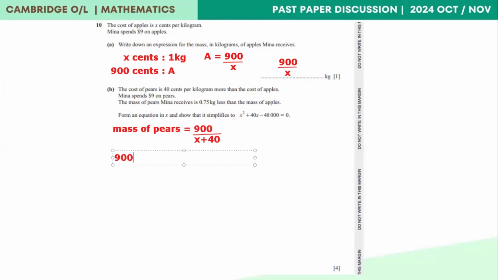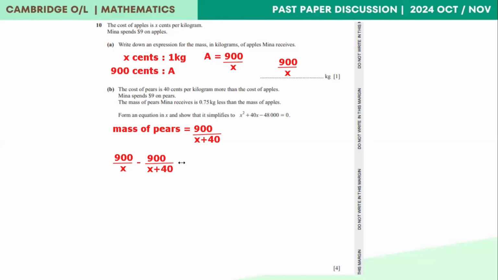So 900 over x minus 900 over x plus 40 is going to be equal to 0.75 kilogram.